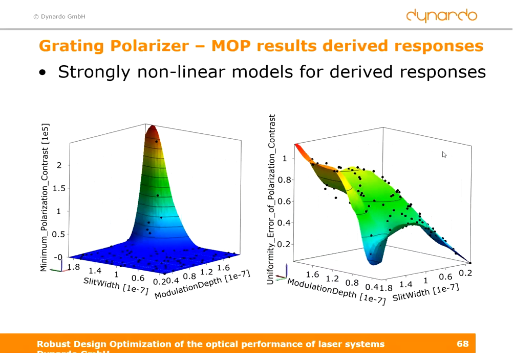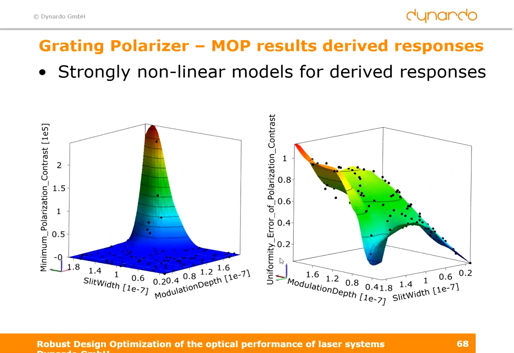But for the derived responses, we get very nonlinear models, which can also be easily approximated with this Metamodel of Optimal Prognosis. So you see that for the minimum polarization contrast, nothing happens in most of the space, but in this area of the input space, it gets interesting.